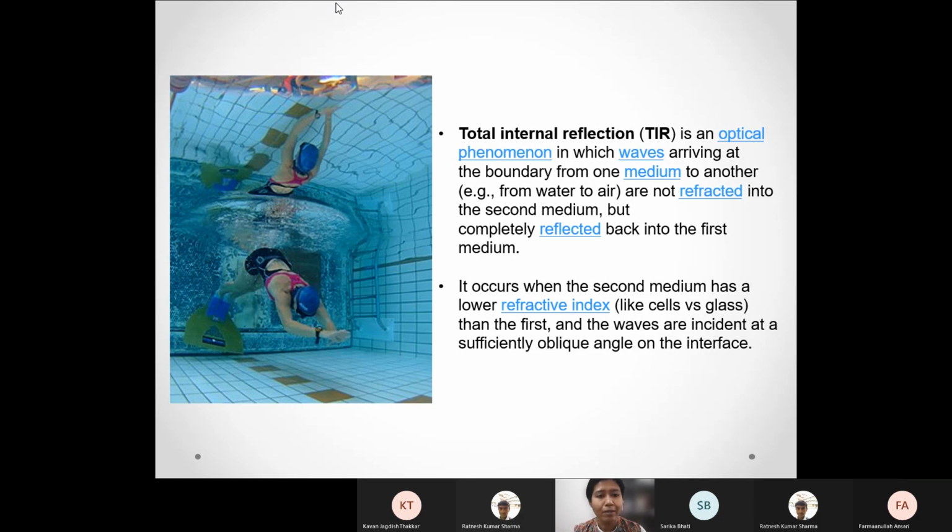Why does this happen? Because the speed of light changes in different media.